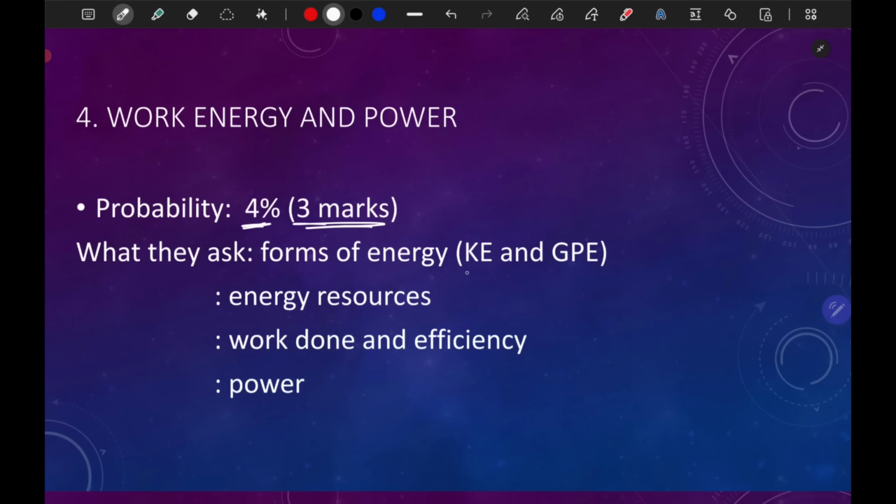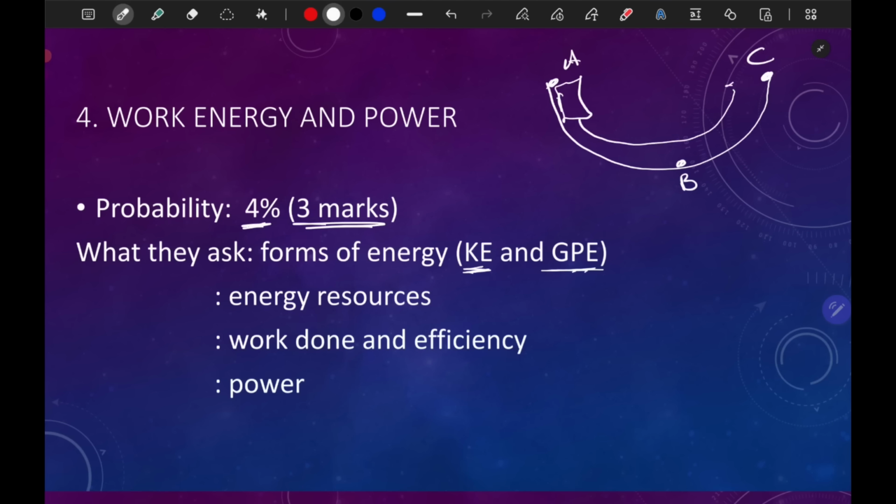Forms of energy. So make sure you understand kinetic energy and gravitational potential energy and understand the conversion between them. So what I've seen recently is there's a track over here and there's point A, there's point B, and also point C. And then maybe there's a moving object down here.